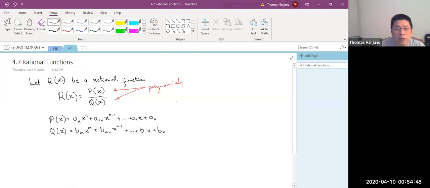Okay, let's say for example, just to identify the structure, let R(x) equal x squared minus 4 over x squared plus 5x minus 6.